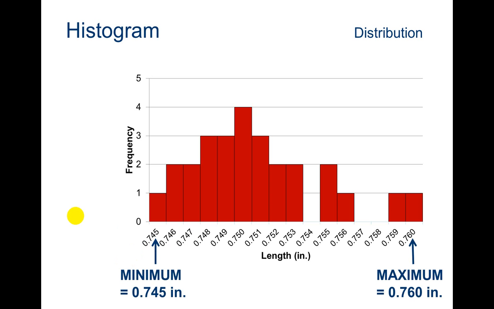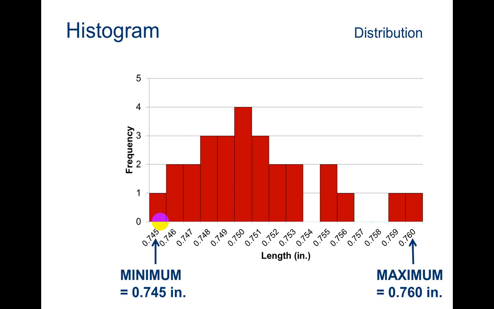Note in this case, each value indicated on the horizontal axis actually represents a class interval, or a range of values. For instance, 0.745 represents the values 0.7445 to 0.7455. In general, the interval endpoint should have one more decimal place than the data values.